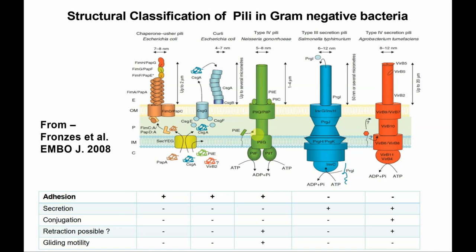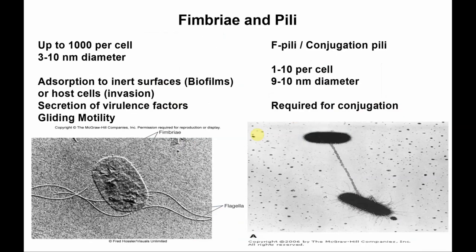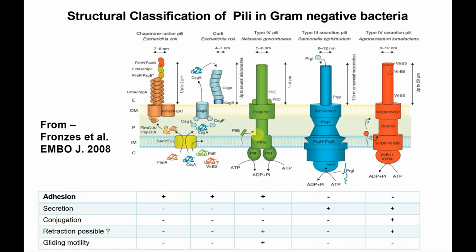Now, type 4 secretion pili seem to be related to the conjugation pili, because they have the combination of the different characteristics that are required. So the bacteria can extrude them and retract them, and they're hollow so they can transport some kind of cargo on the inside of them. So the conjugation pili are a kind of modified form of type 4 secretion pili.